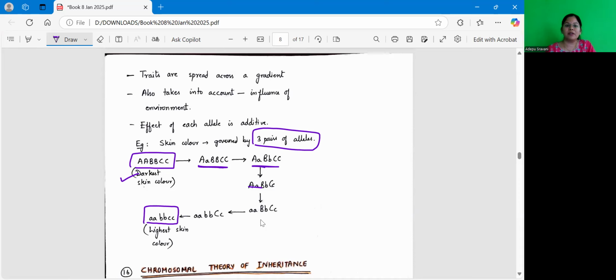So this is about the alleles responsible for one character, that is skin color. And different genes, I told. So what are those genes? A, B, and C. These are the 3 different genes which are responsible for one character in humans. And one more point they have given in your textbook. Apart from these genes, the skin color in humans is influenced by environment also. Okay, that point you have to remember.